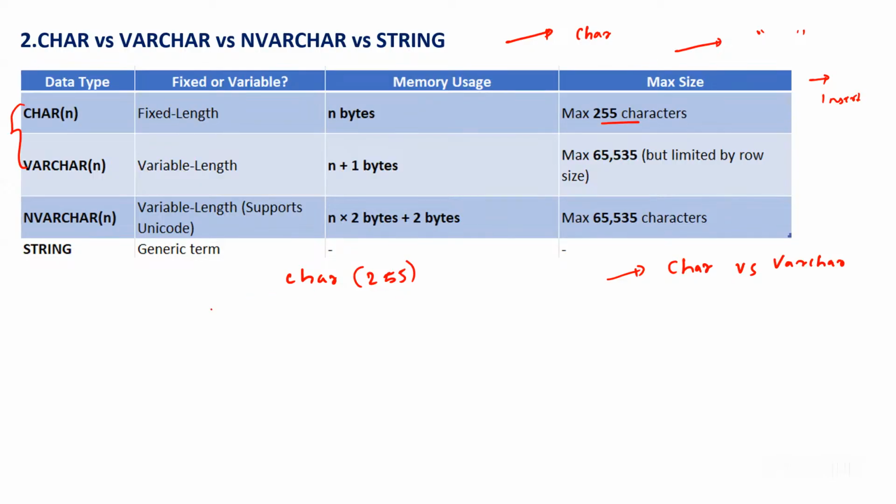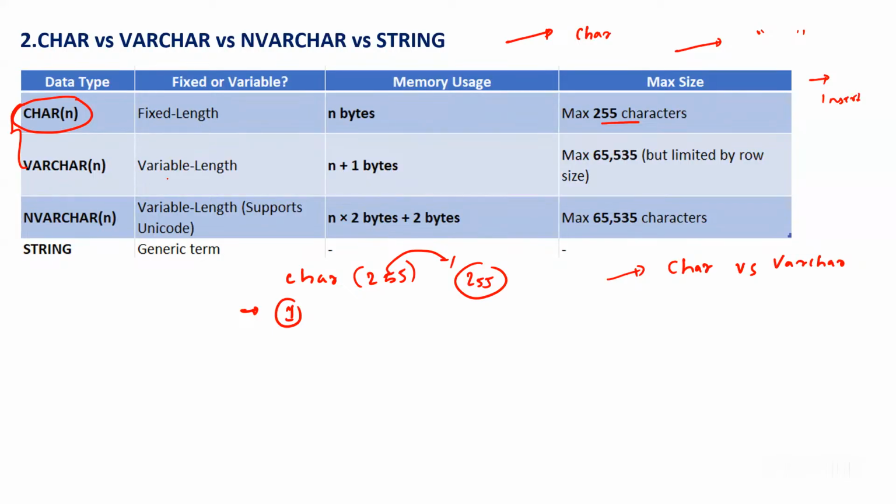That means you have mentioned 255, and you are adding only one character, but it will still consider space for 255, not for this one character, because that's the functionality of your char data type, a fixed length data type.